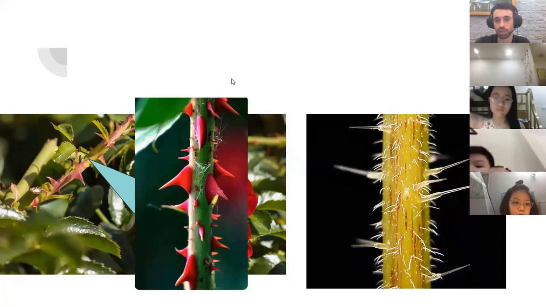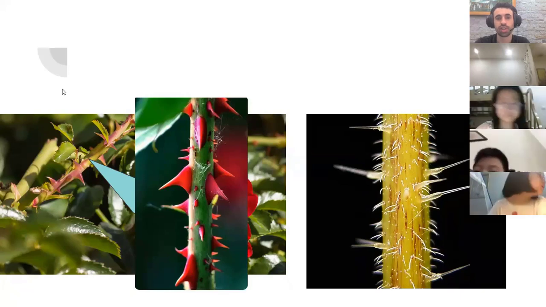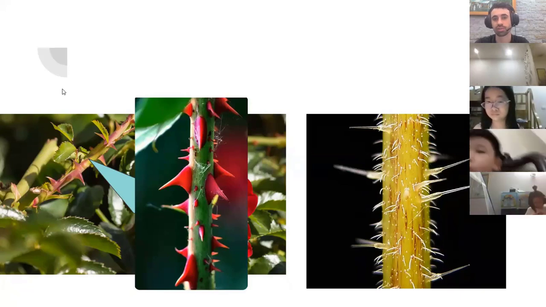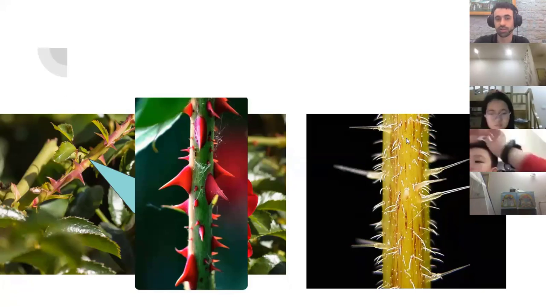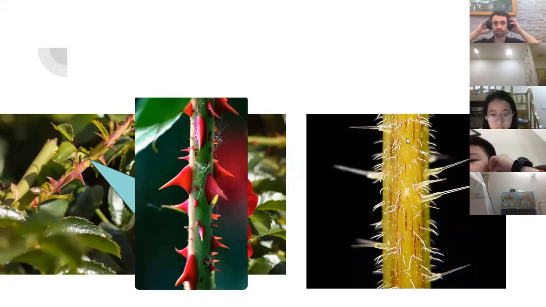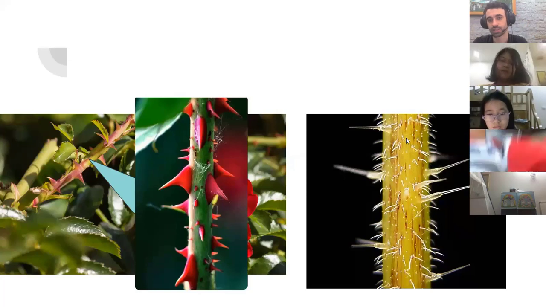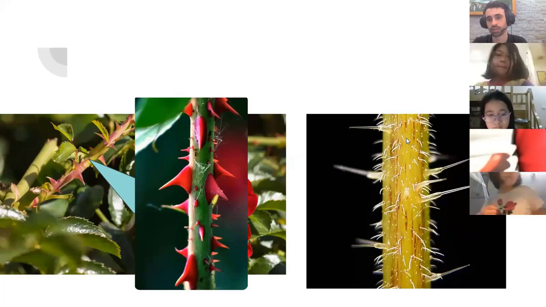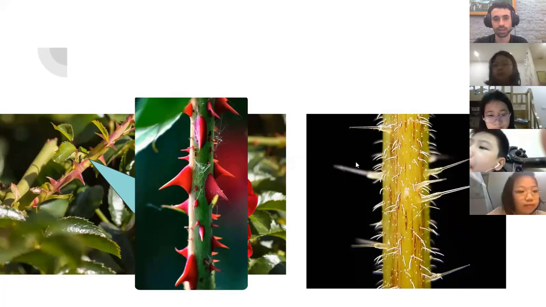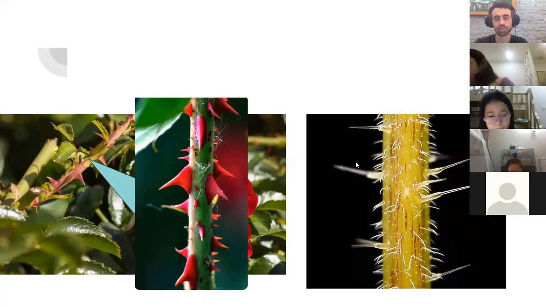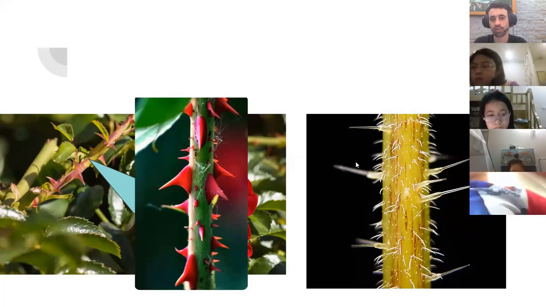This is an up-close image of the rose. So who here, raise your hand if you have had a rose. Have you touched a rose? Lisa, was there thorns on this rose? Yes. There were? Okay. Have you ever held a rose?